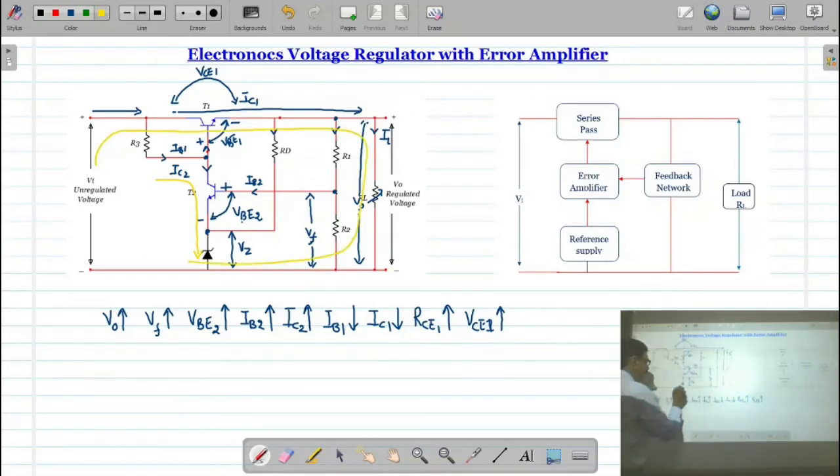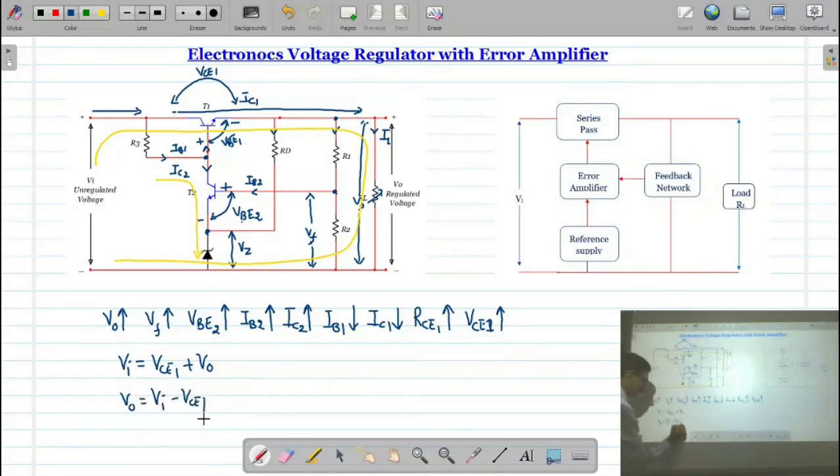So if the VCE1 increases, then naturally your output voltage will decrease, because if you see this network and write this equation, what will that equation be? That is VI is equal to VCE1 plus VO, and therefore VO is equal to VI minus VCE1.